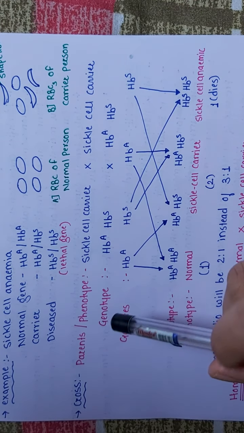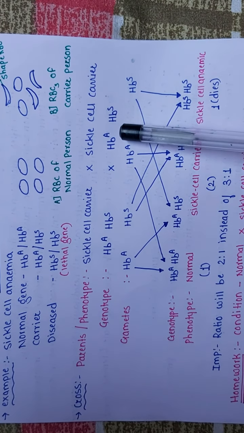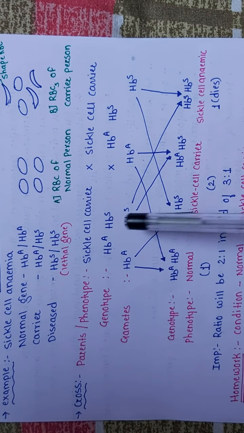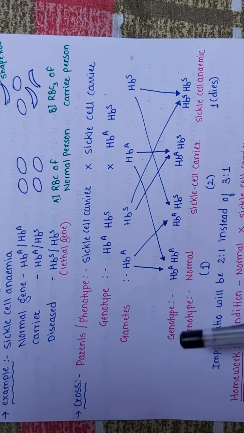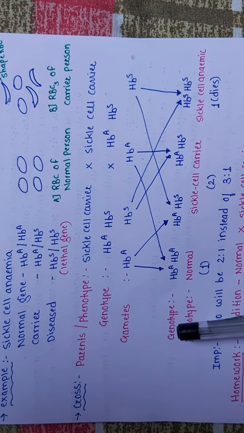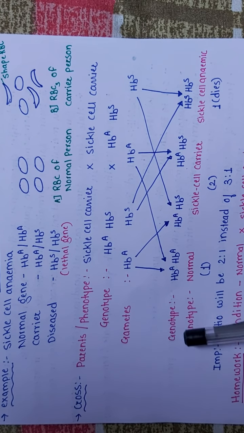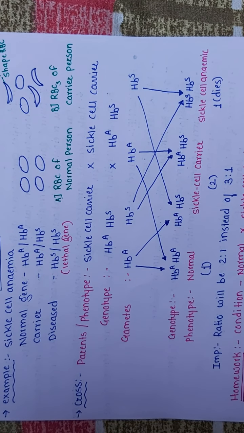See the genotype over here. The sickle cell carrier genotype HbA HbS is crossed with HbA HbS. Gametes will be HbA, HbS. For the F1, I mistakenly wrote genotype; I should write the F1 genotype.